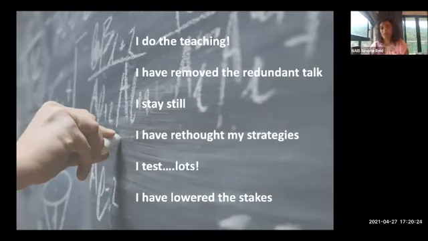Removing the redundant talk is, as I said, hard for me because I speak lots. And I noticed this when we were working virtually, is that I feel silences. So the pupils will be working and I might say something like, oh, I'm a little bit cold. I think I'm going to turn off the aircon. Oh, are you cold as well? Oh, you've put your jacket on. Are you too hot? Are you too cold? What do you want me to do?